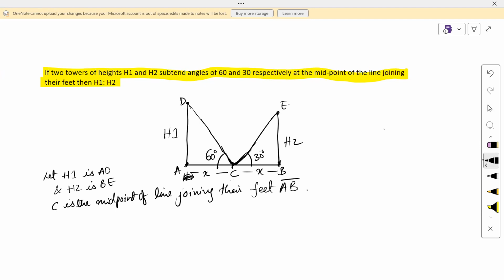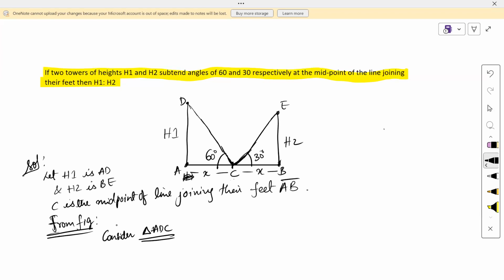So from the figure, this is the solution. Consider triangle ADC.